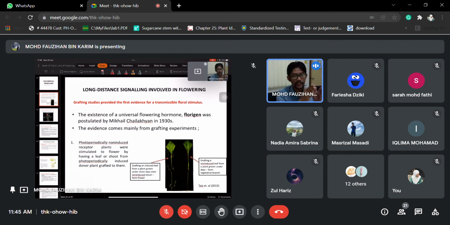Sebab tu dia menghasilkan 7 color yang berbeza. So the highest energy adalah blue light, alright? The blue light, and then the lowest energy adalah the far red light.